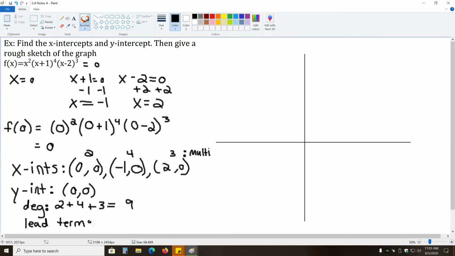So let's go ahead and change this to lead term for the moment. We have x squared times x to the 4th power. If you were to multiply all of this out, the largest term in this part of the polynomial would be x to the 4th.